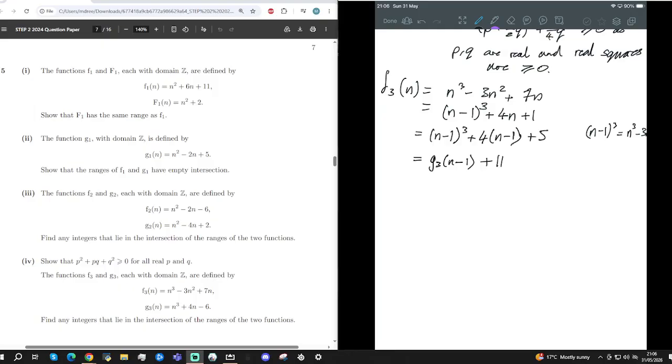Now, was that actually useful? We found a link between these two functions. Maybe it's useful. Maybe it was better, and I'm now starting to think it's probably better to leave it in this form. Because if we're looking at the outputs, we want the outputs to be the same. And that final statement hasn't really shown the outputs are the same.